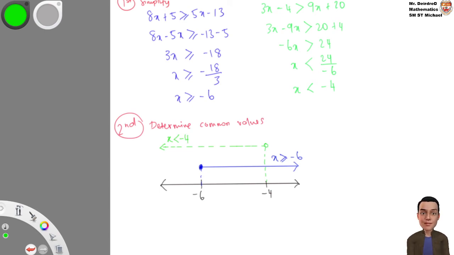Now, you should find the common region. So, where is your common region? Whenever there is a region that overlaps, that is where your solution is going to be. So in this case, the common region is somewhere around here.